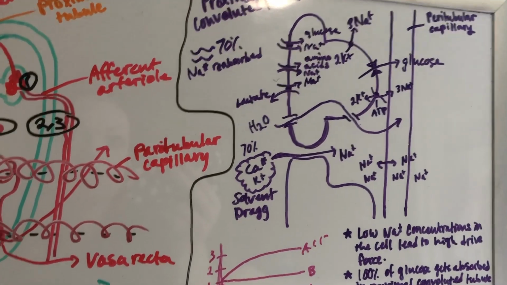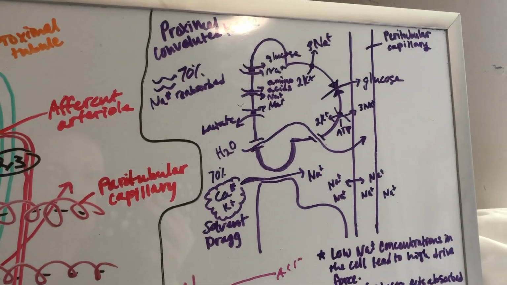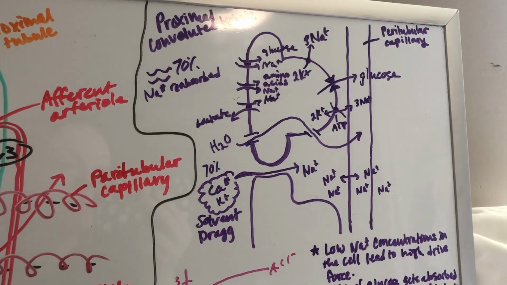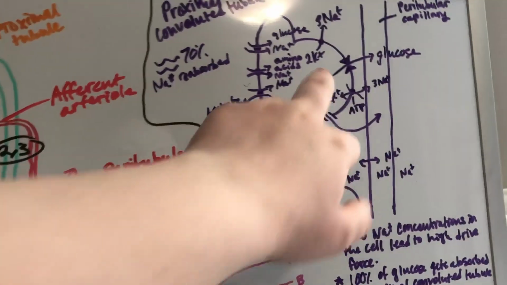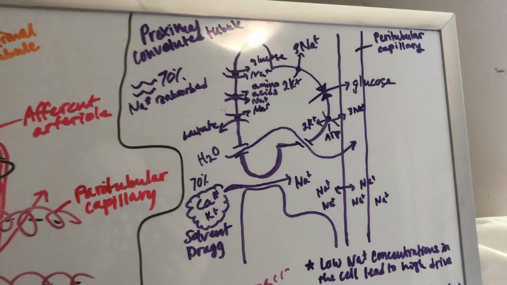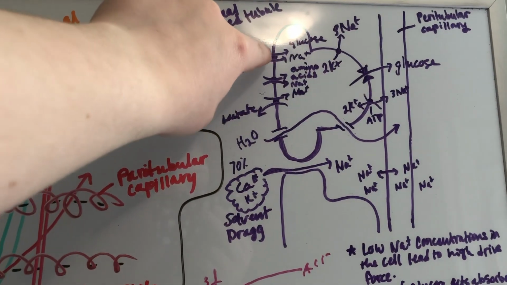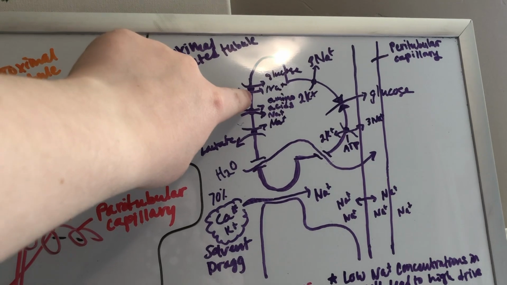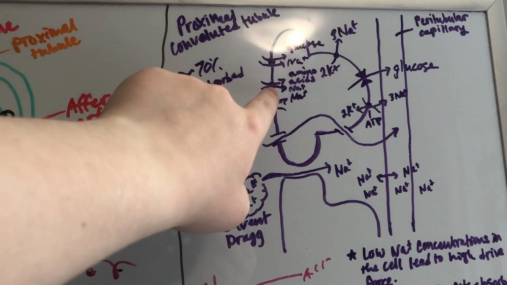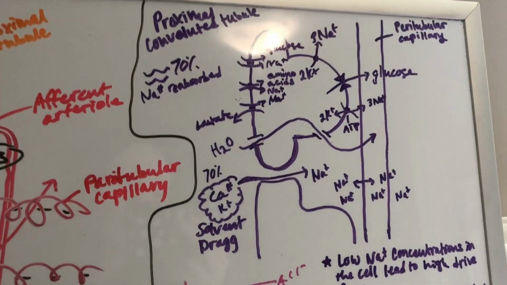So the proximal tubule that comes right off Bowman's capsule, these are the cells we're going to be talking about, and this is where 70% of sodium is reabsorbed. So we've got our cells, and we have our peritubular capillary coming through right there. As you can see, we've got glucose coming in, we've got sodium coming in, you have amino acids coming in, and also more sodium, and then that kicks lactate out.